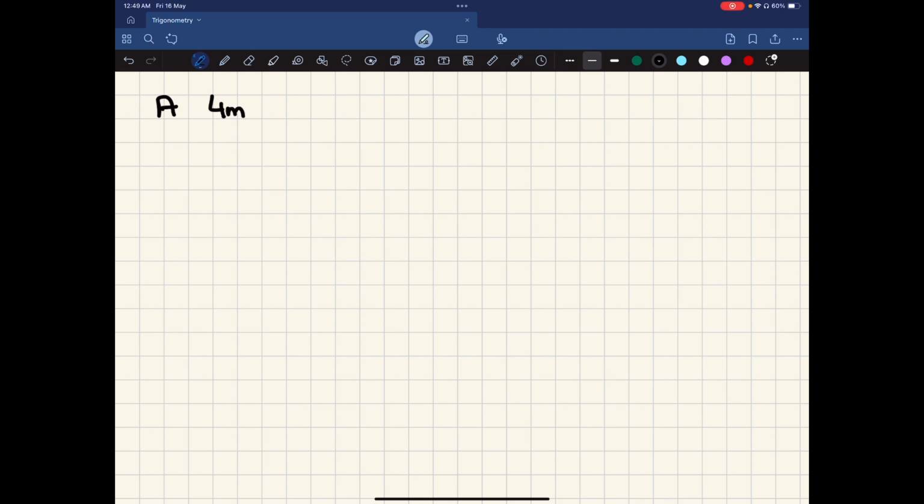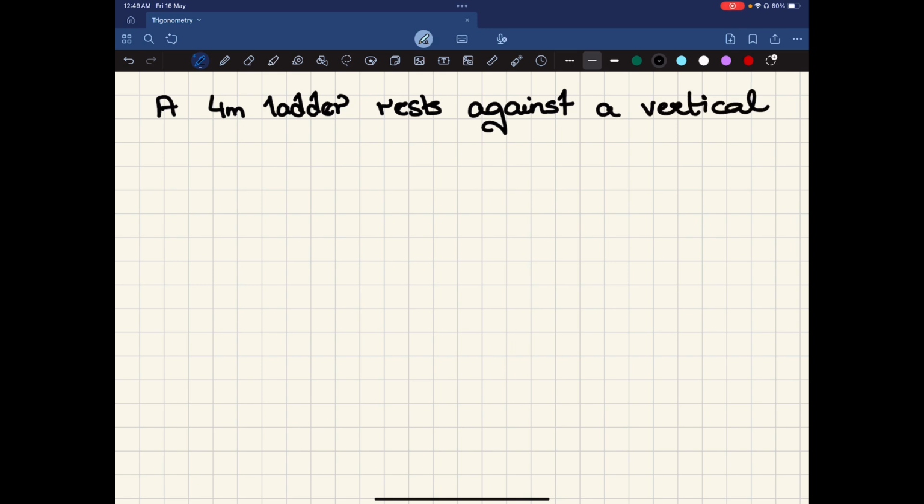So a 4-meter ladder rests against a vertical wall with its foot 2 meters from the wall.